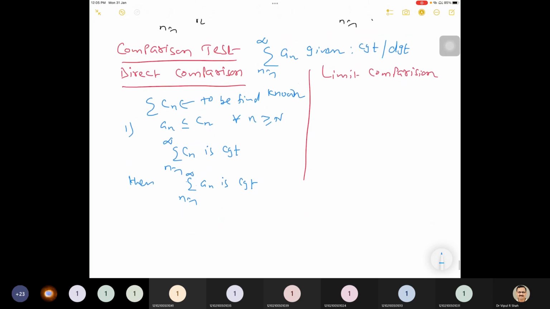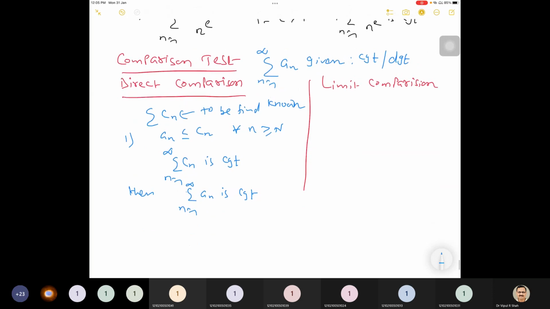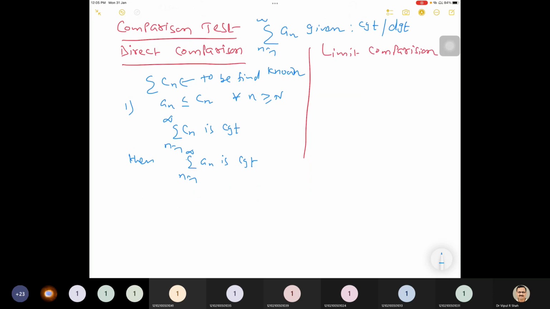Easy to understand because series cn is convergent, and our series term is less than or equal to that. So if you can find the sum of series cn, then because an is lesser than that, we can also find out the sum. That means sum is possible. Very easy to understand.